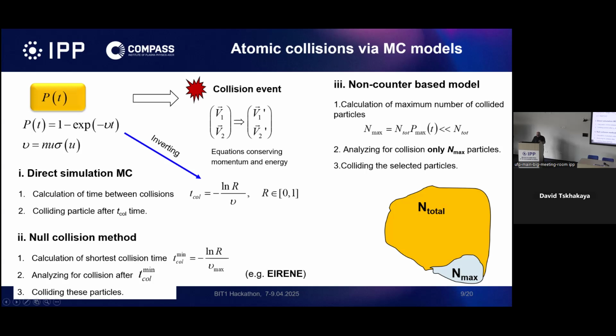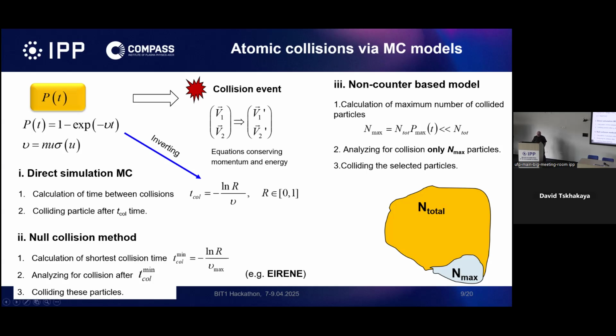A much more effective approach, which was developed by probably me, is this non-counter-based model for nonlinear collisions. Actually, XPDB1 had a linear model where you collide particles with some background particles, but I generalized it to the nonlinear case. The idea is that you analyze some area and look at how many collisions we have in this area. More importantly, you don't need to consider the whole number of particles.